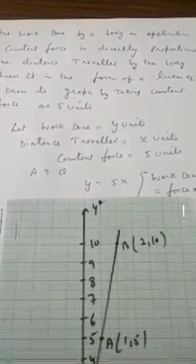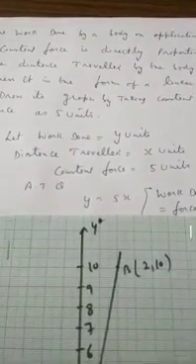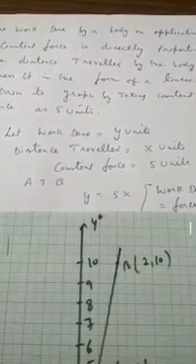So this is a concept of physics. Let me suppose work done as y units, distance travelled as x units and constant force as 5 units. So what will be the equation? Work done is equal to force into distance, and y is equal to 5x.